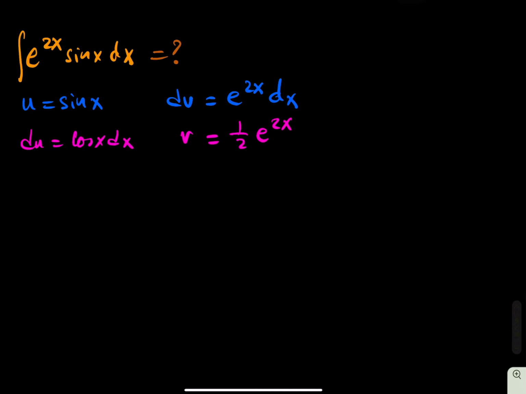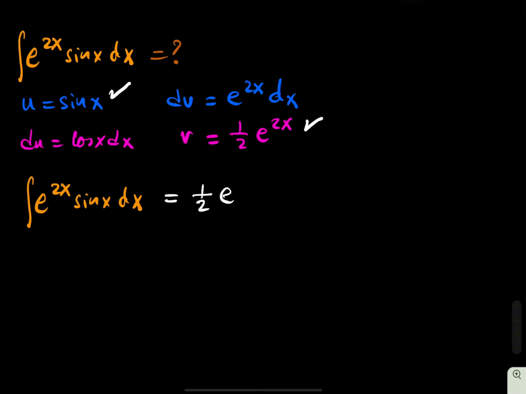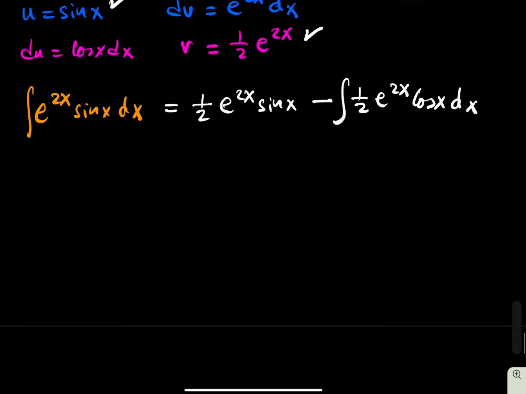That is v. So now this integration by parts again is going to give you something beautiful. That is uv. You multiply them, they give you 1 over 2 e to the power 2x sine x, minus the integral of v du. So v is 1 over 2 e to the power 2x, and du is primarily cos x dx.